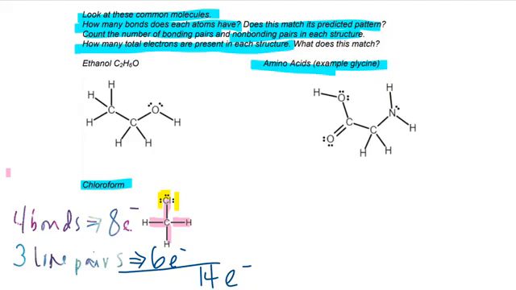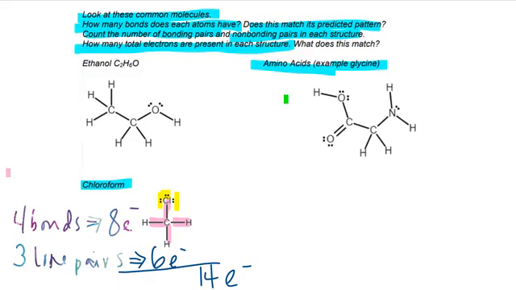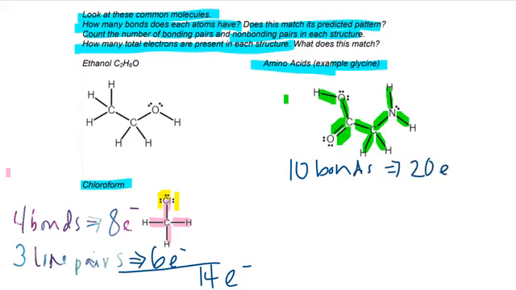All right, now let's look at our amino acid over here. And I've got 1, 2, 3, 4, 5, 6, 7, 8, 9, 10 bonds, which equates to 20 electrons.